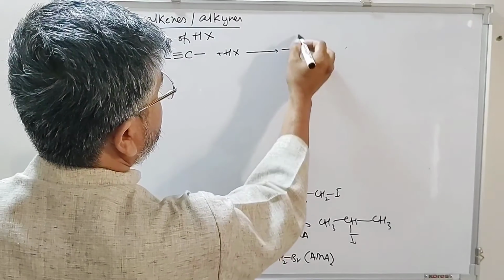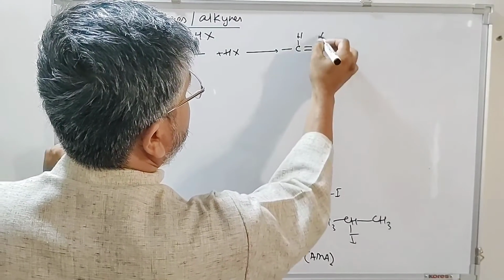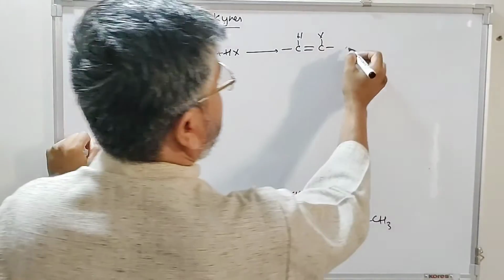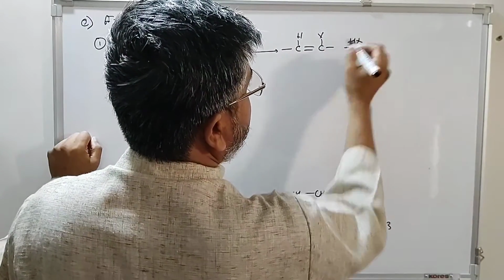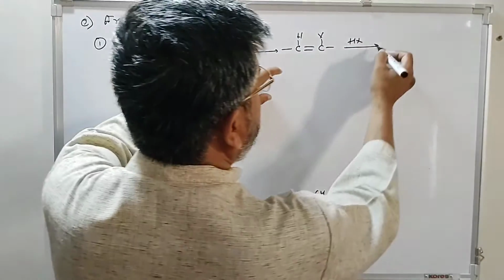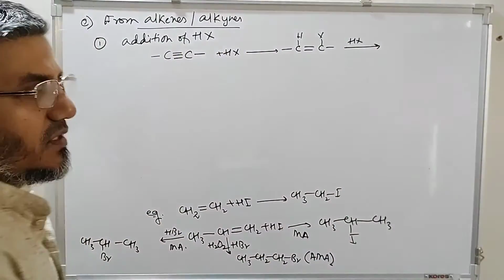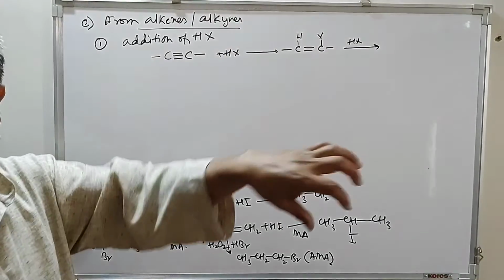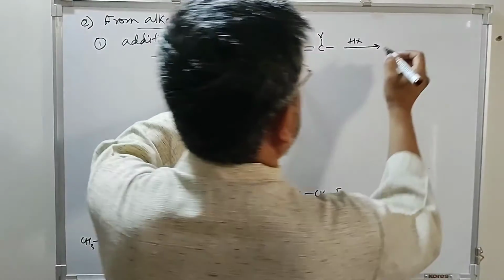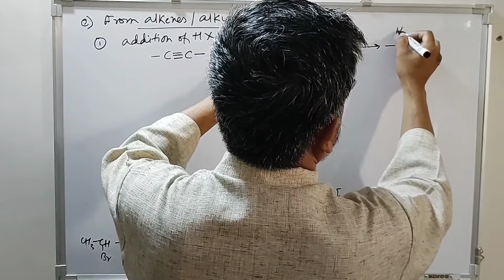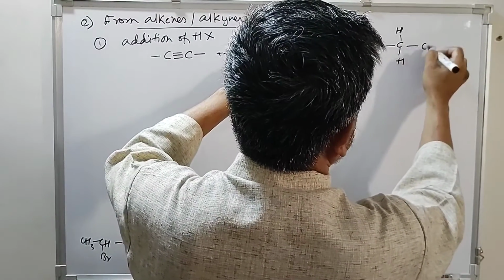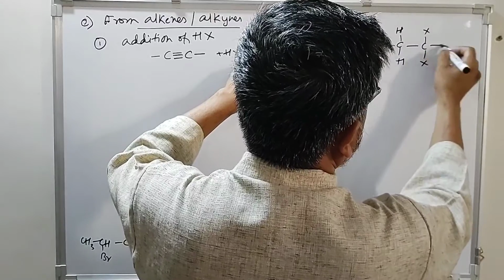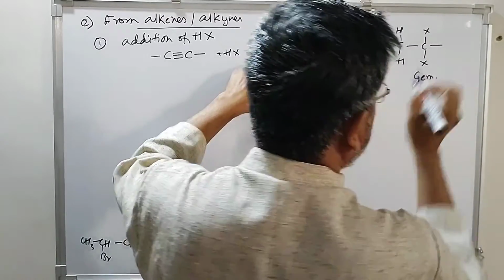First, addition of HX, then this further reacts with a second molecule of HX. This will follow Markovnikov's in absence of peroxide, and anti-Markovnikov's with HBr in presence of peroxide. So this gives you C H H C X X, a geminal compound.